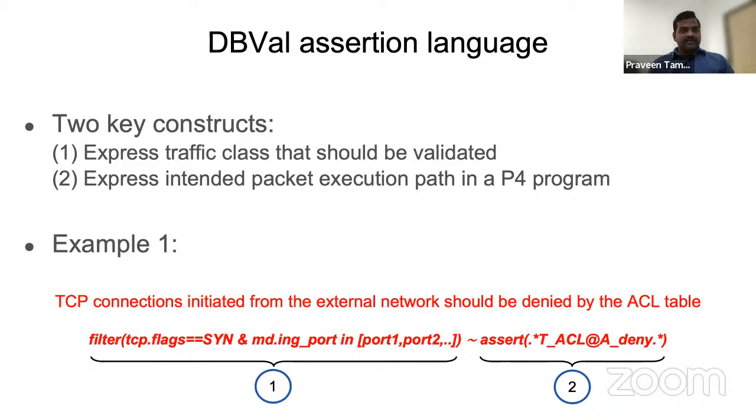On the left-hand side, you see the traffic class, filtering the traffic based on TCP flags and the ports on which it has arrived, which indicates the external network. And then the intended behavior is to be denied by the ACL table: it should hit this particular table and the deny action should be applied.